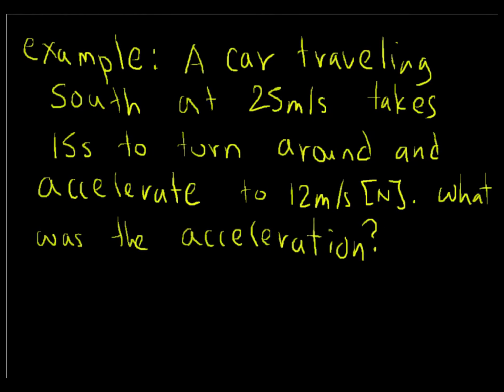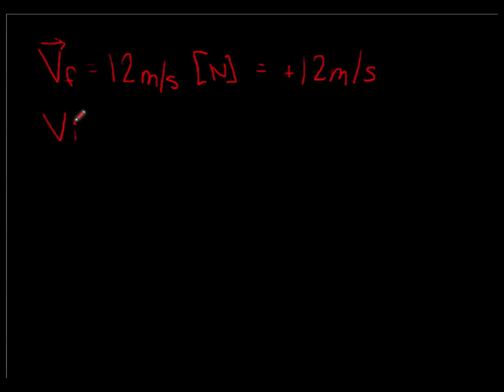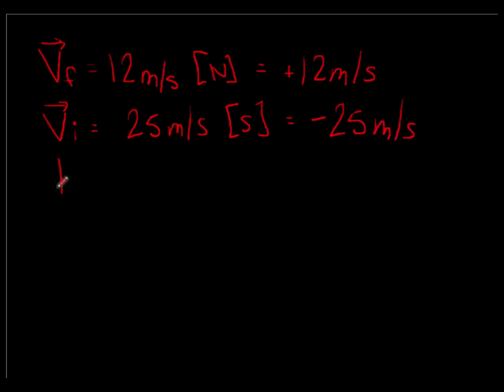As the problems get more complex in physics, we will always start by making a list. This list looks like this. VF equals 12 meters per second north, which is positive 12 meters per second. VI is 25 meters per second south. This is negative 25 meters per second, the negative because of the south. The time it took was 15 seconds.